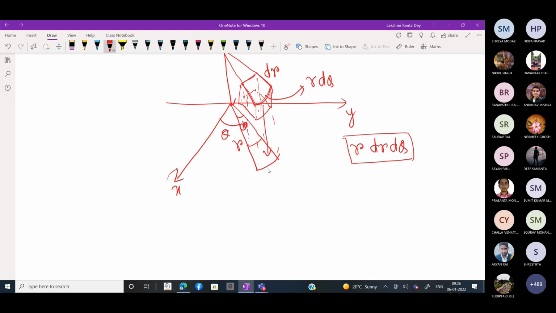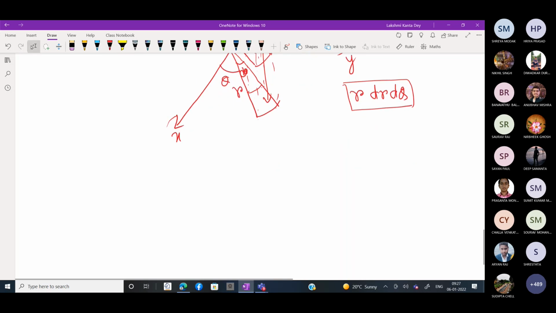Okay. So if we write in terms of triple integration, then what will happen? This is very simple.